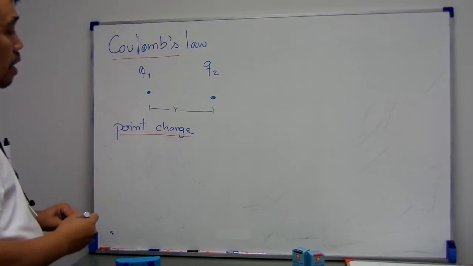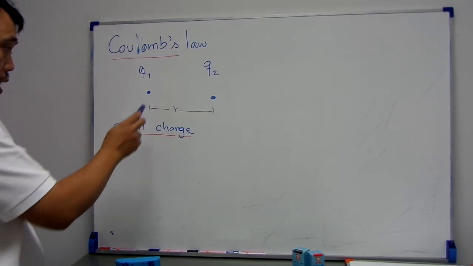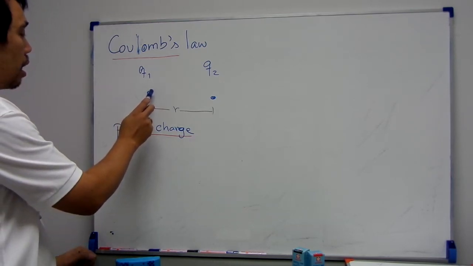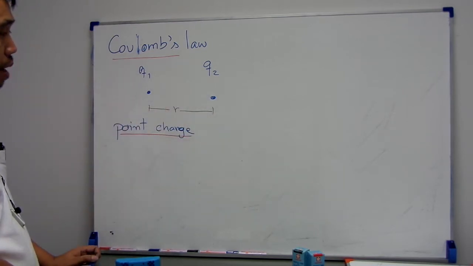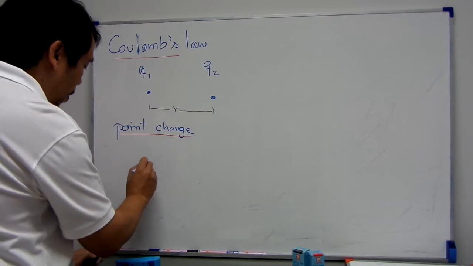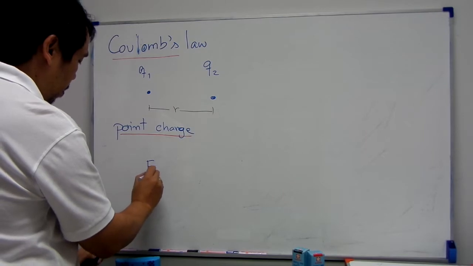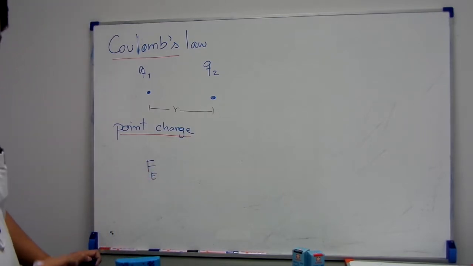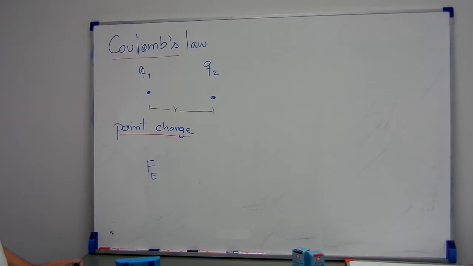Now, we know that there is an electrical interaction between these two charges. But what is the amount of interaction? Coulomb said that we can write down the equation of the force between these two charges. We may write it as Fe, with small e to say that it is an electrical force.